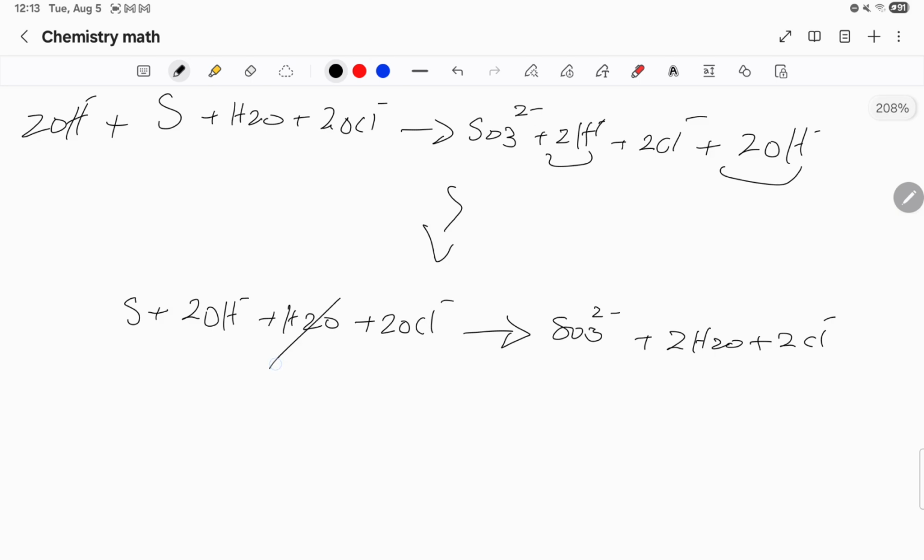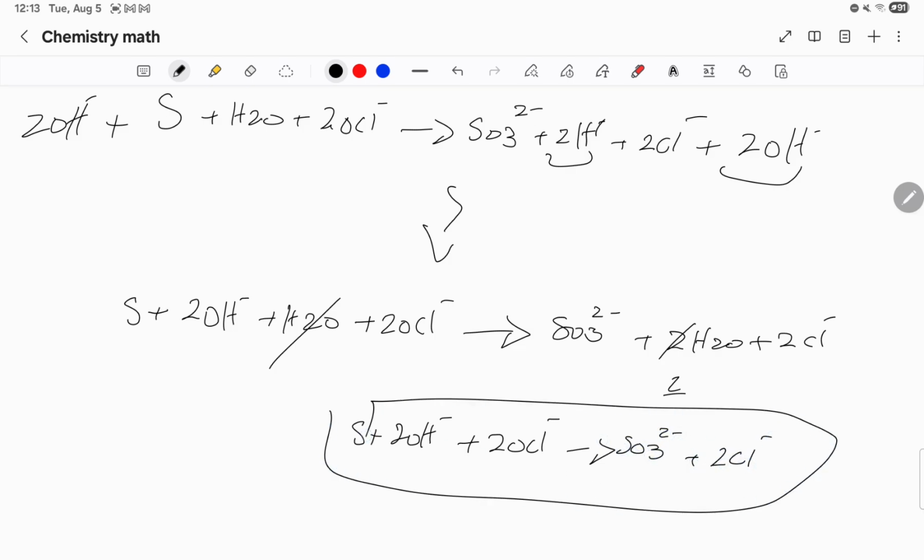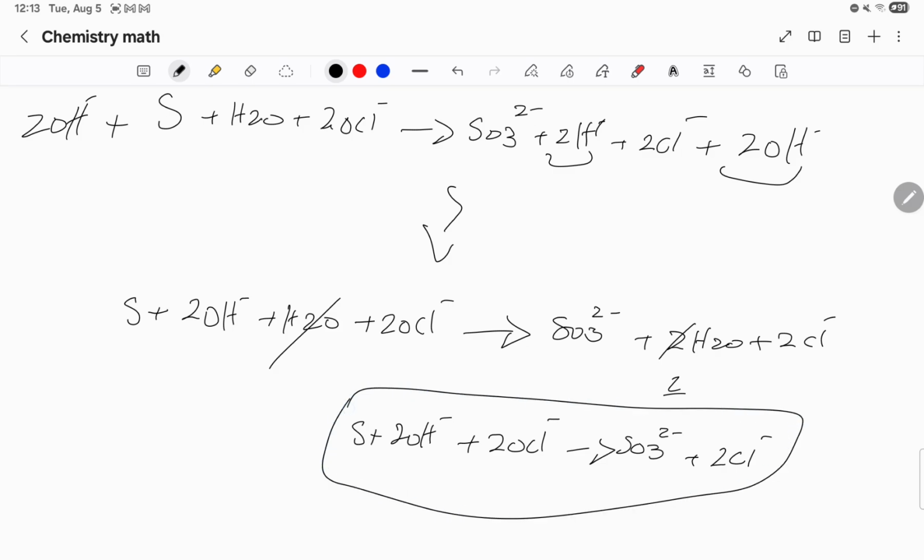Now, one of these waters goes, okay, and I am just left now with S plus 2 OH minus plus 2 OCl minus gets me SO3 2 minus plus 2 Cl minus. This is my final balanced equation, okay? And let me kind of check.